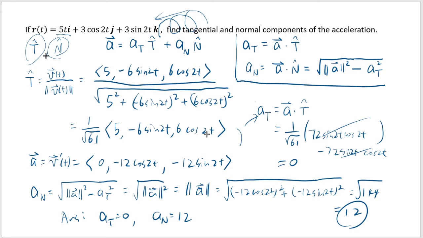So the moment you got the speed as a constant number for every t, despite the change in t, we should have immediately figured out that the tangential component of the acceleration is 0, rather than trying to do this calculation.